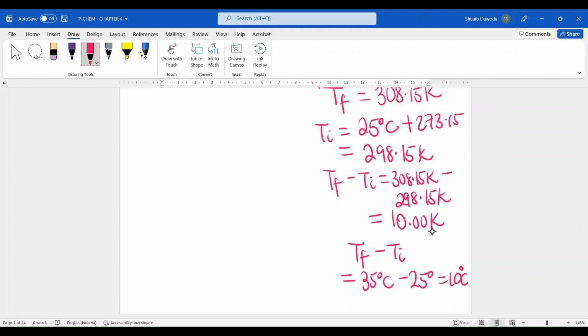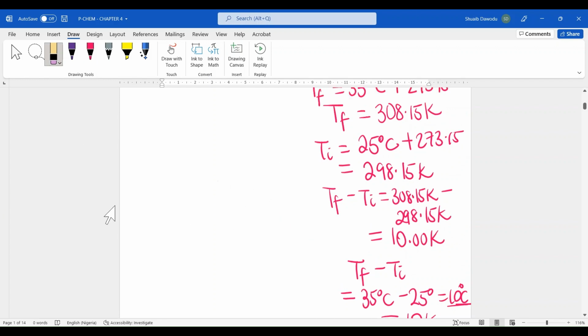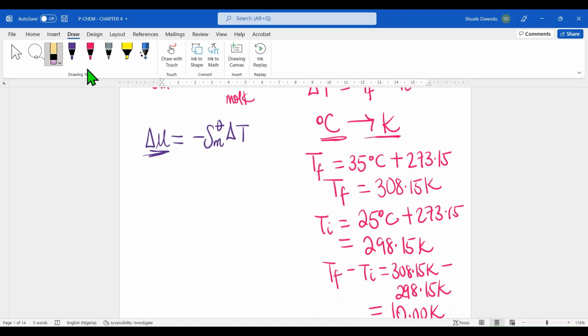Since the unit conversion is not a multiplication or a division, it is just an addition, you can simply say 10 degrees Celsius is the same thing here as 10 Kelvin. But of course, because you're a chemist, it's better for you to do it through the first method where you write all of this information down.